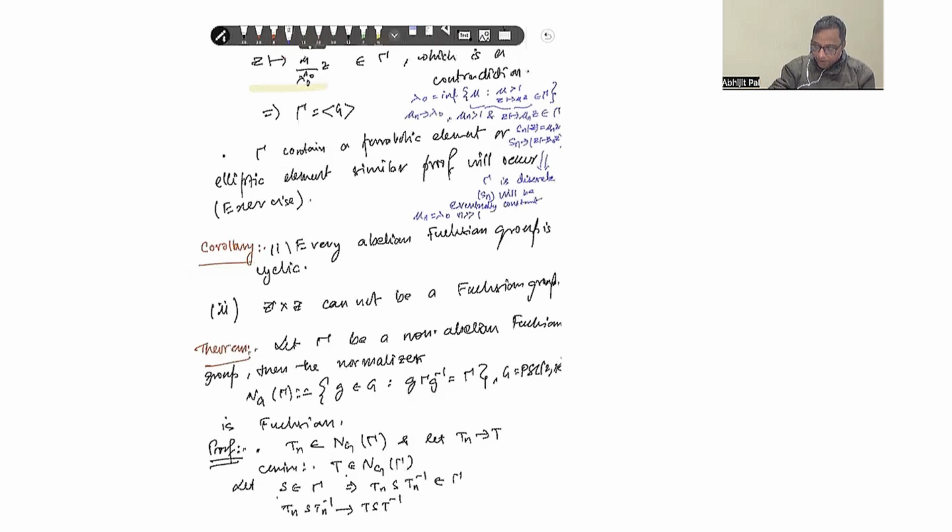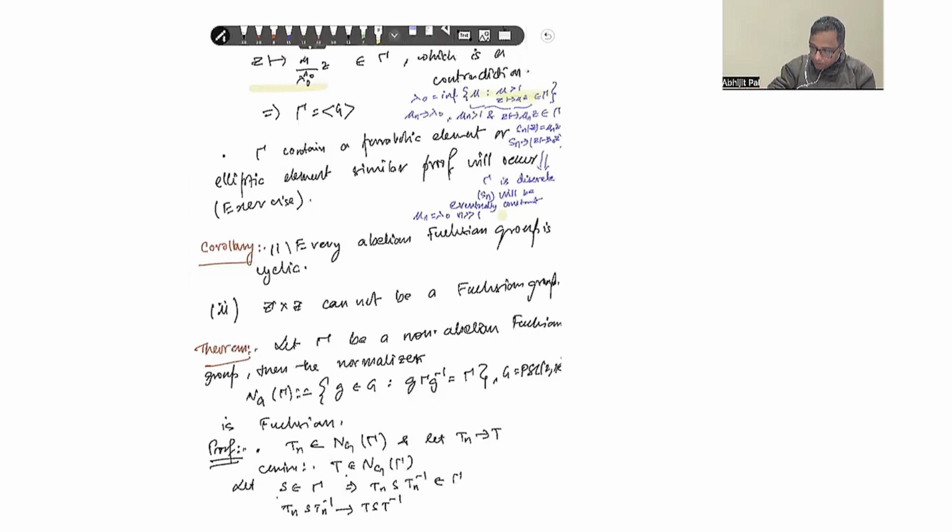And this mu n we have taken from the set here. Therefore z goes to lambda naught z, that is this h map, will again belong to gamma.